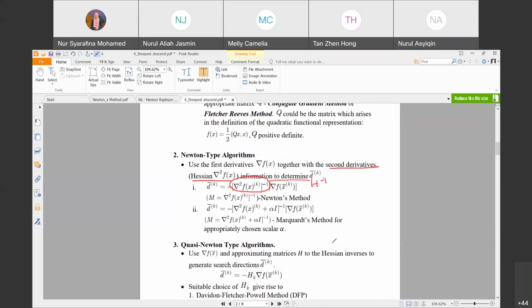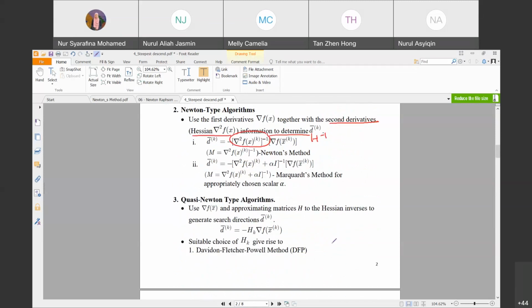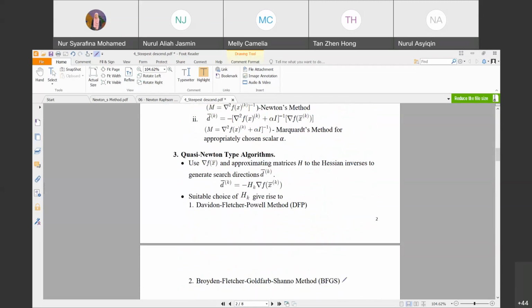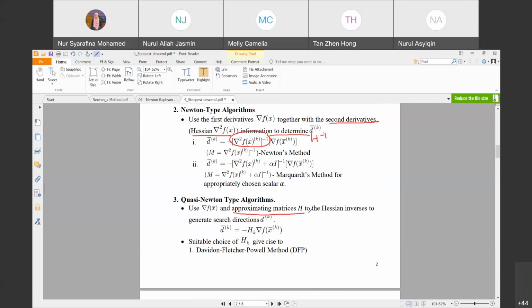And then we have Quasi Newton, which includes DFP and BFGS. These are all included in your syllabus. In Quasi Newton, we use an approximate Hessian matrix. Instead of using the Hessian according to the function, we approximate the matrix H, which is the approximation to the inverse Hessian, so that we don't have to calculate the inverse Hessian at each iteration.